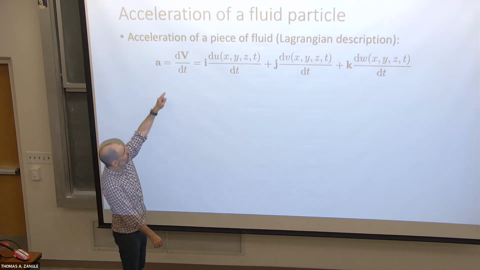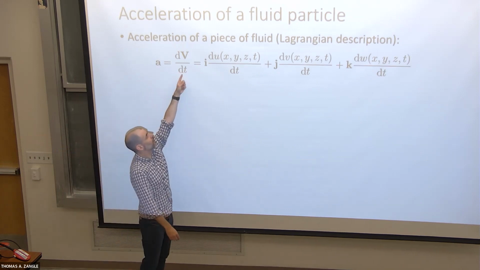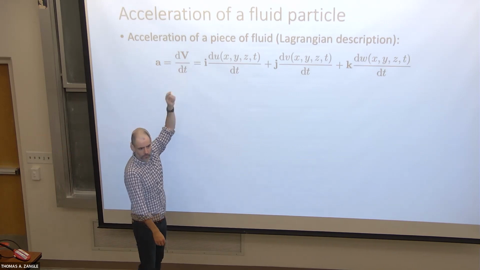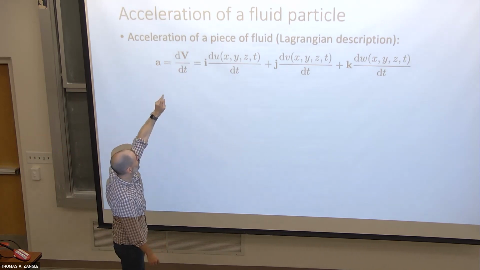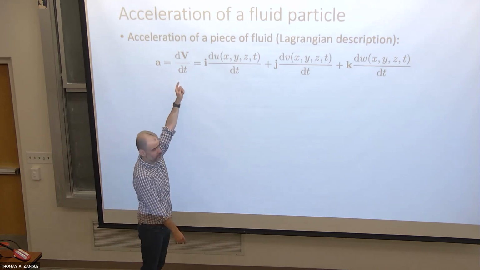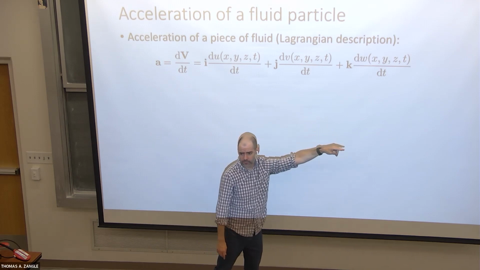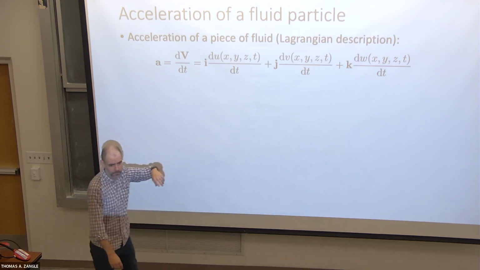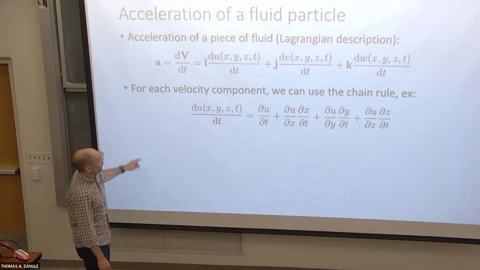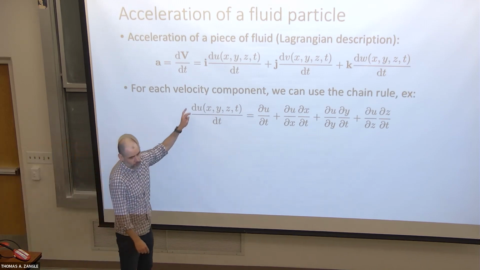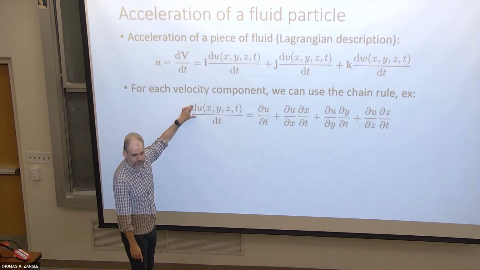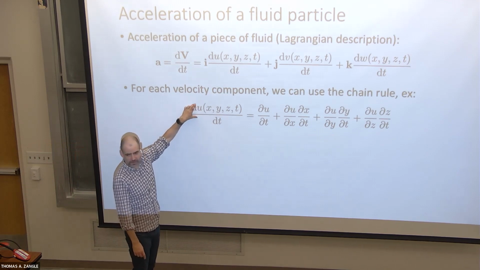We can write out the acceleration of that fluid particle as dv/dt, just the ordinary dv/dt. And remember that v is a vector velocity, so it has three components, x, y, and z. For each velocity component, we can then use the chain rule. Let's say we look at the x component.